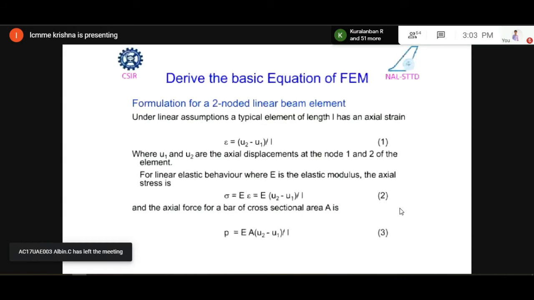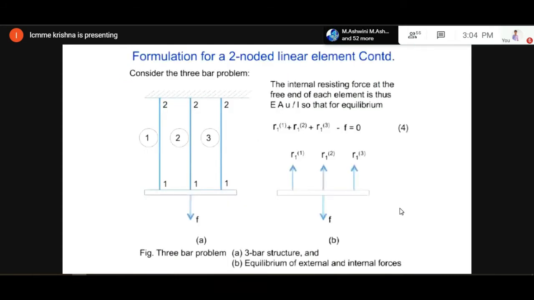After getting the stress, we can compute the load, that is P, across the cross-sectional area of any bar. Recognize stress is load per area. That is what we use in the third equation. Coming to the actual problem, you can see there are three bars connected at the top, considered as three elements having two nodes in each bar.